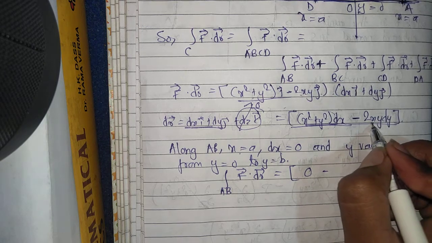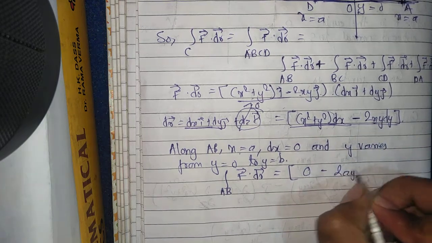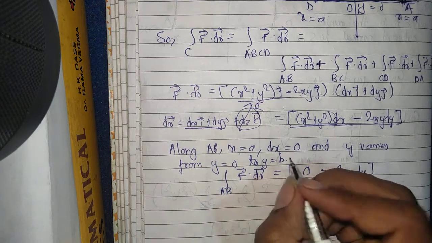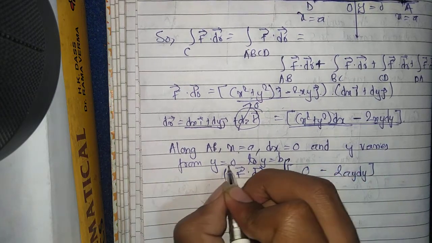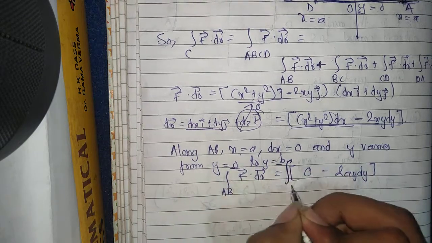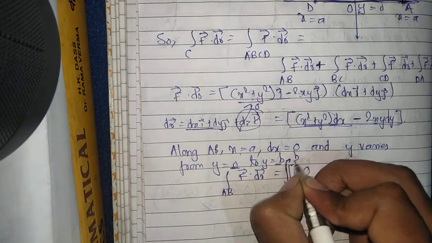The value of x is a, so minus 2a y dy, and y varies from y equals 0 to y equals b, so our integration is from 0 to b.